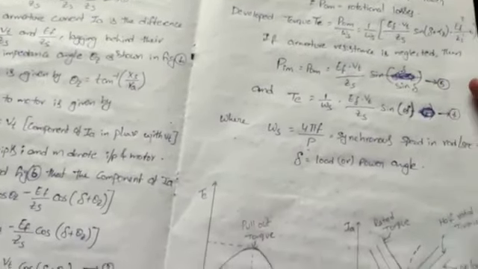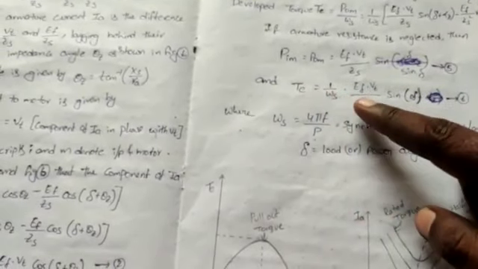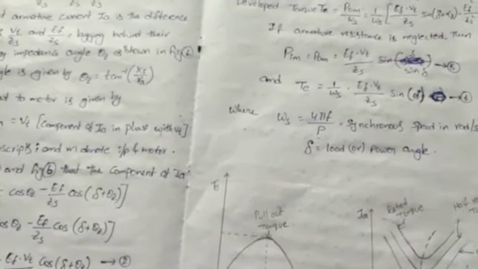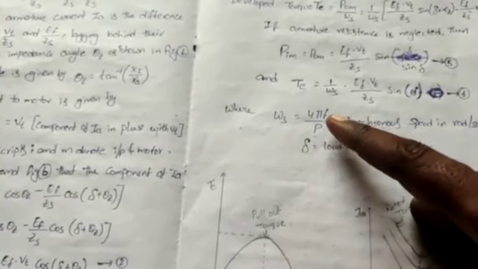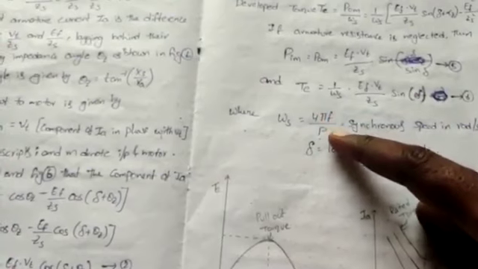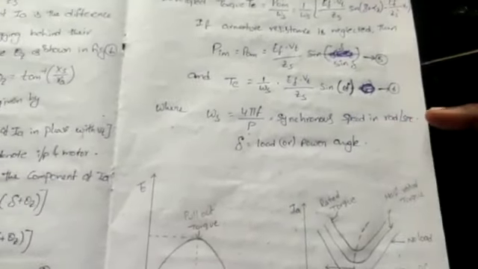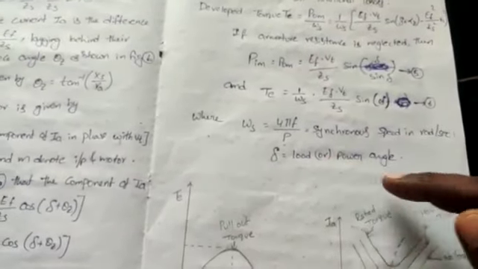This is equation number 5. And torque T is equal to 1 by omega s into Ef into Vt by Xs into sin delta. This is equation number 6, where omega s is equal to 4 pi f divided by P. This is the synchronous speed in radians per second, where delta is the load or power angle.